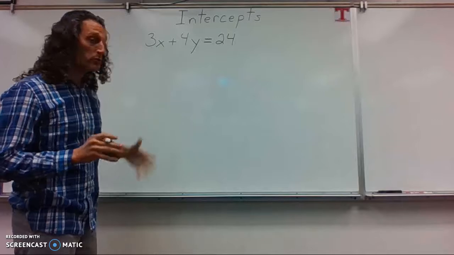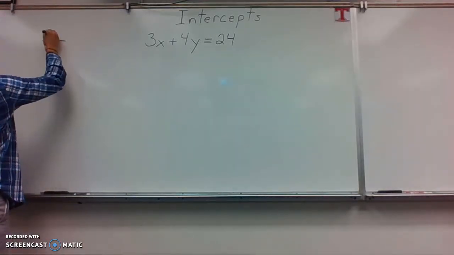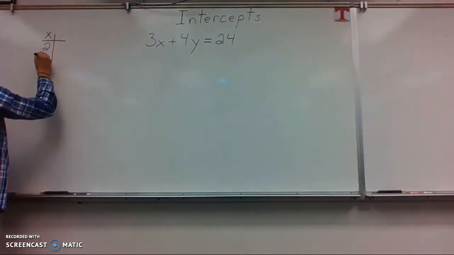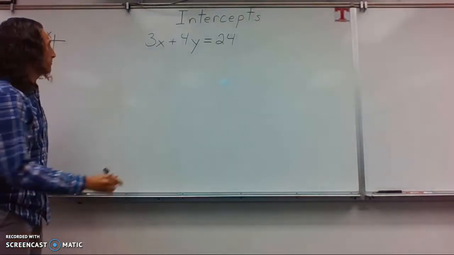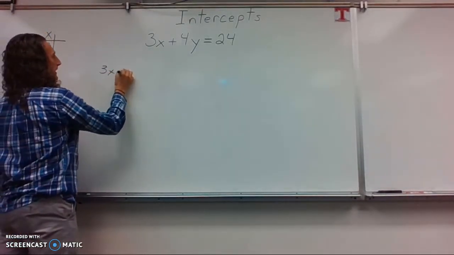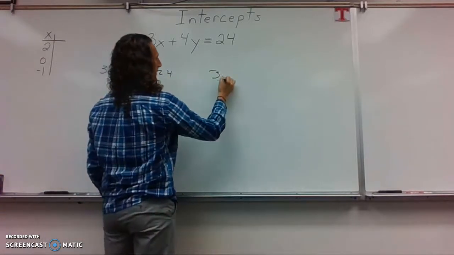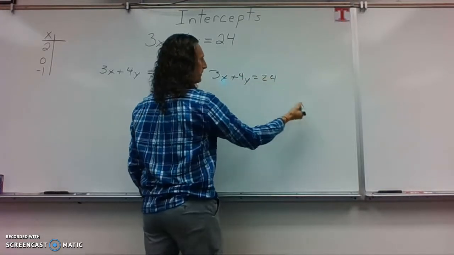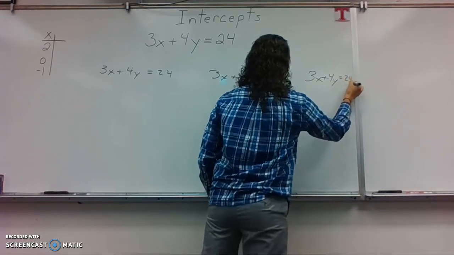But under the table chart, we have to come over here, come up with an x term. I use my 3, 2, 0, negative 1. And you'd have to write this out 3 times. I'll have to go 3x plus 4y equals 24, three times.